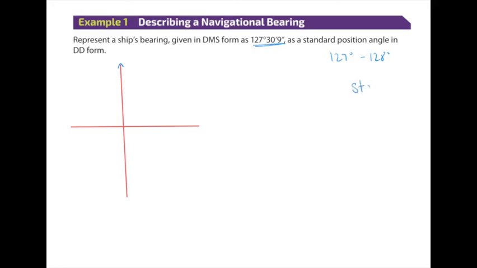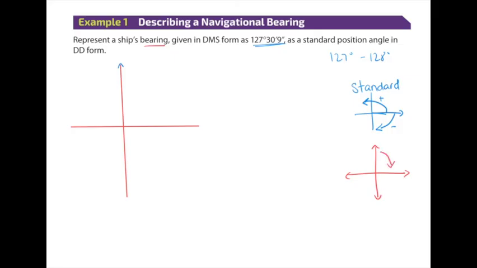If it is in standard position, then you are going to start at the x-axis and you are going to go counterclockwise for positive, clockwise for negative, all right? If you see the word bearing, like navigational, unless they tell you otherwise and actually say the word standard, all right, then you are going to assume that you start at north and go clockwise, all right?